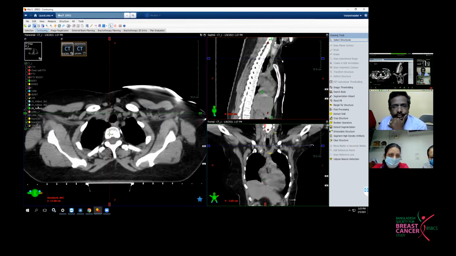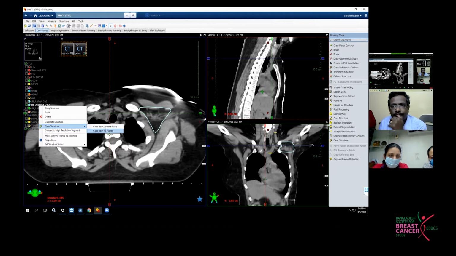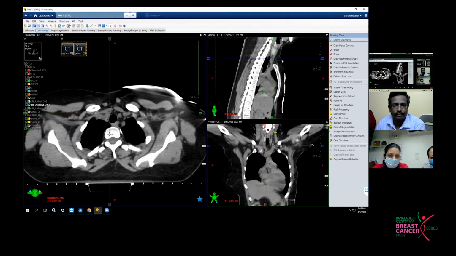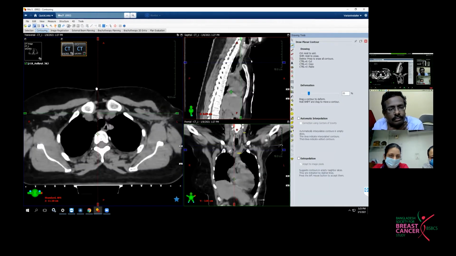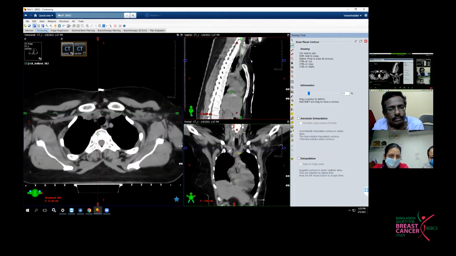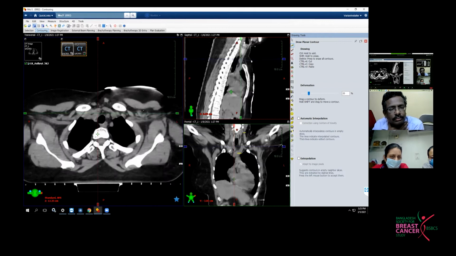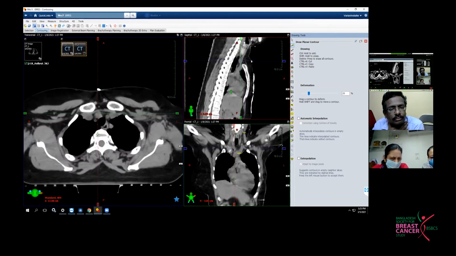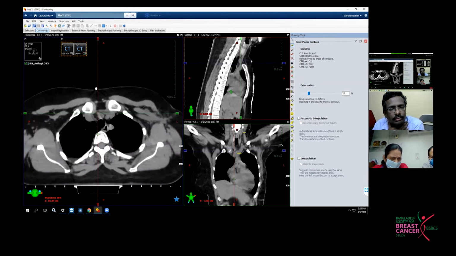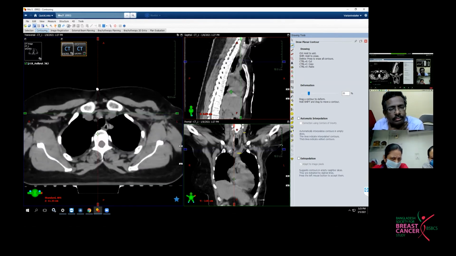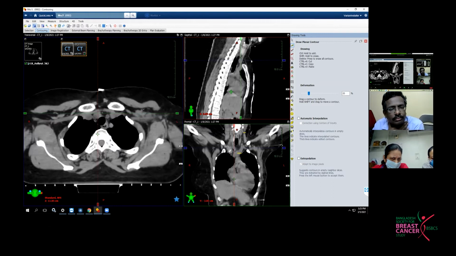Okay. This is the pectoralis minor muscle, and we are tracing upwards. Which is the muscle? Pectoralis minor muscle. And we are going upwards to see the insertion on the coracoid process.